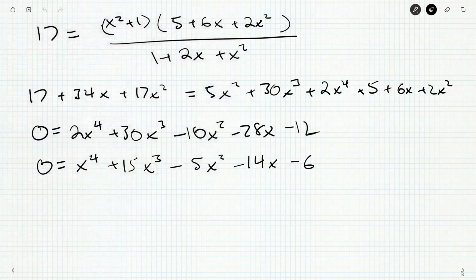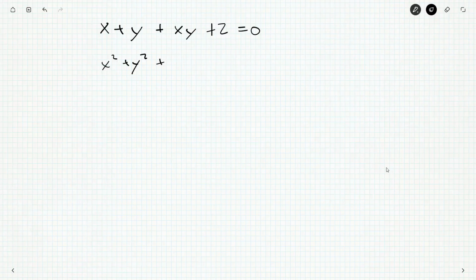Alright, well, let's try again. When you get stuck, don't delay, just try again. So minus 2, no, it's plus 2. And then x squared plus y squared plus x squared y squared minus 16 is equal to 0.